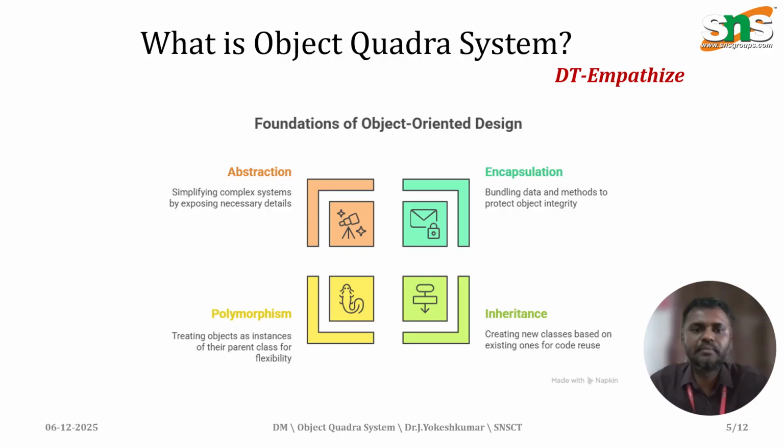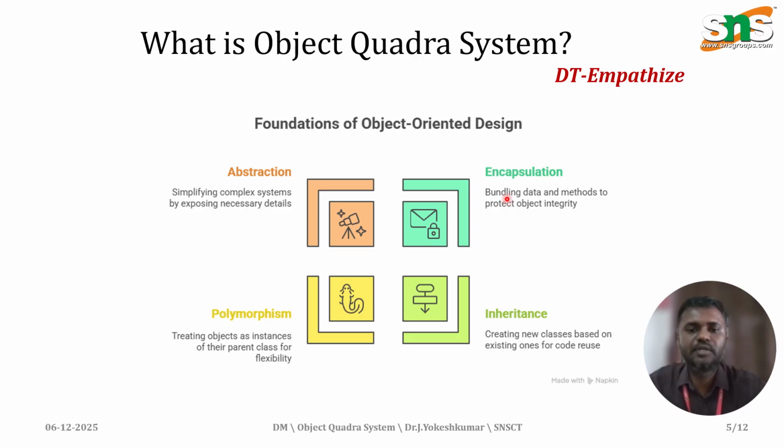So what is the Quadra object system? Let us see the foundations of the object Quadra. Object-oriented design is divided into four categories. First is abstraction, where we simplify complex systems into smaller finite elements, and we add the conditions for the individual finite element.